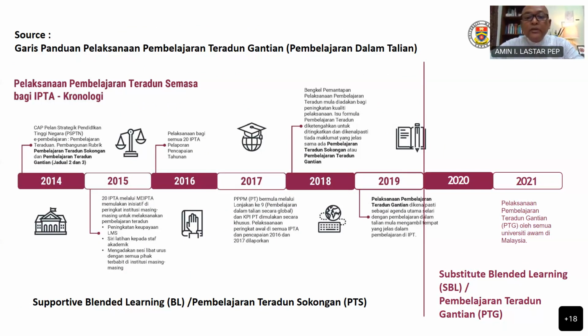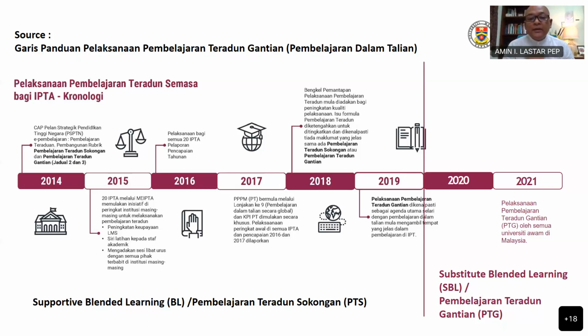If we look at 2018, bengkel pemantapan pelaksanaan pembelajaran seadun mula diadakan bagi peringkat kualiti pelaksanaan. Isu formula pembelajaran seadun diketengahkan untuk ditingkatkan dan dikenal pasti tiada maklumat yang jelas sama ada pembelajaran seadun sokongan atau pembelajaran seadun gantian. So that is what I mean.